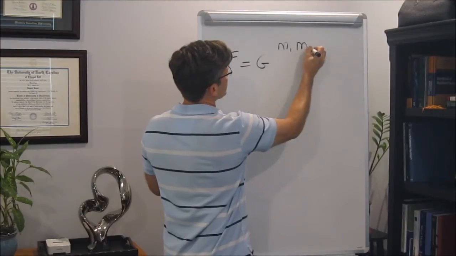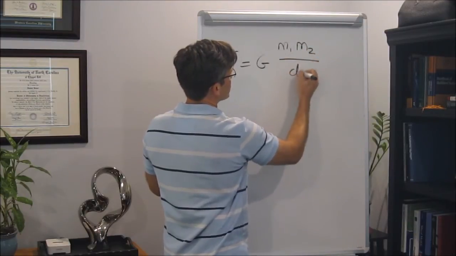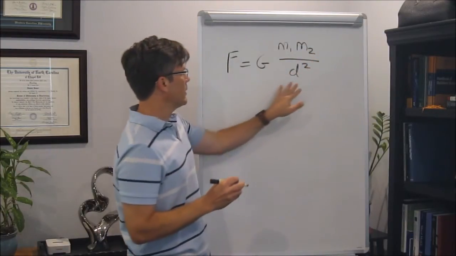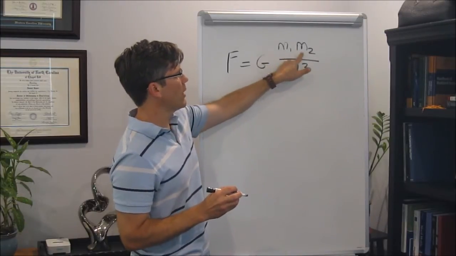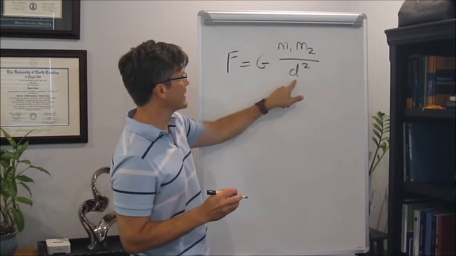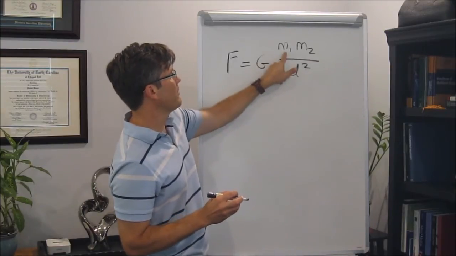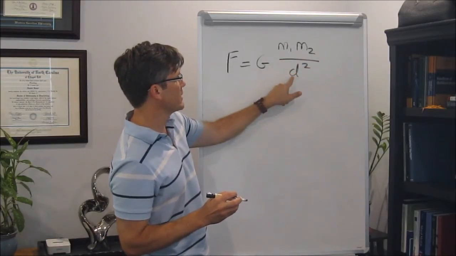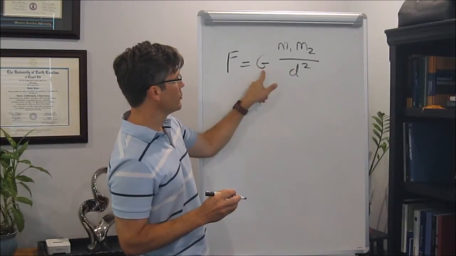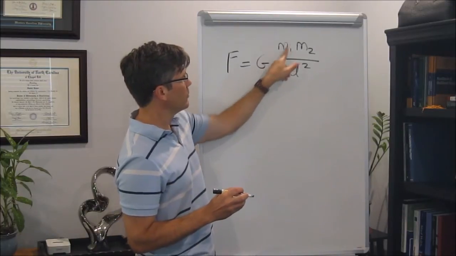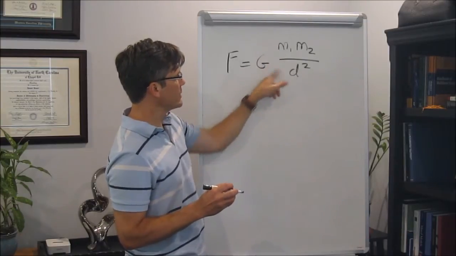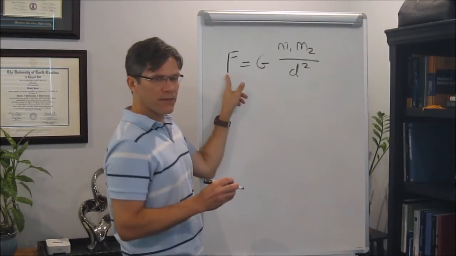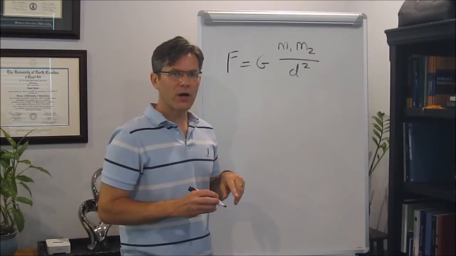In Newton's law, we have a relationship between three input variables, three predictor variables: the mass of object 1, the mass of object 2, and the distance between them. So this might be the mass of the moon, the mass of the earth, and the distance between them. There's a gravitational constant, G, and if you plug those three variables in, m1, m2, and d, into this formula, then you get the force of gravity between those two objects.